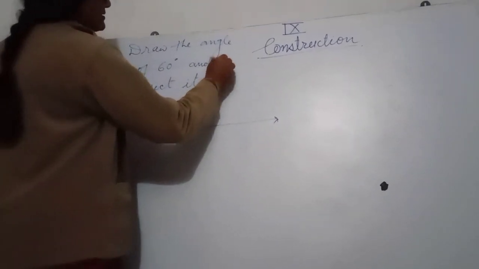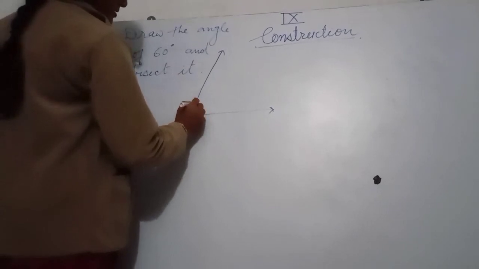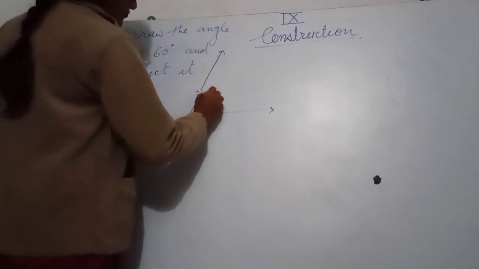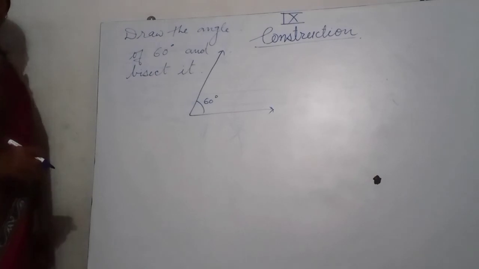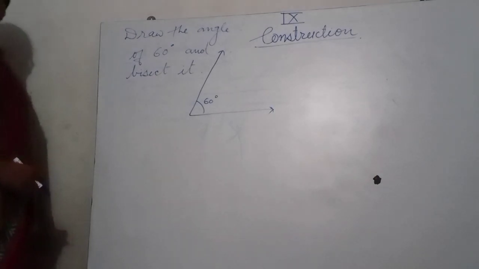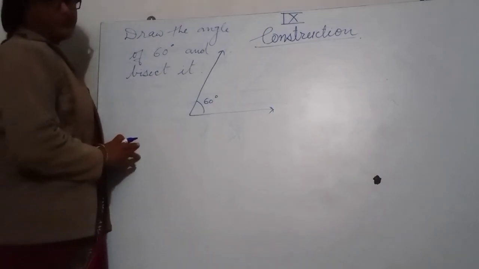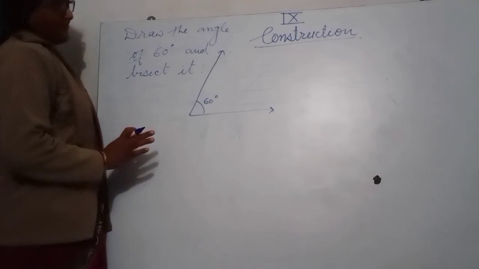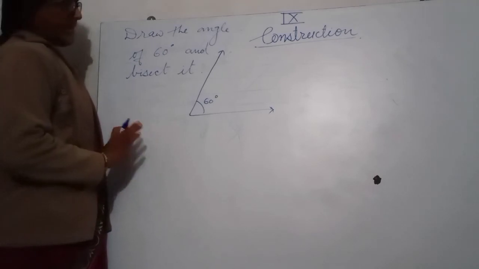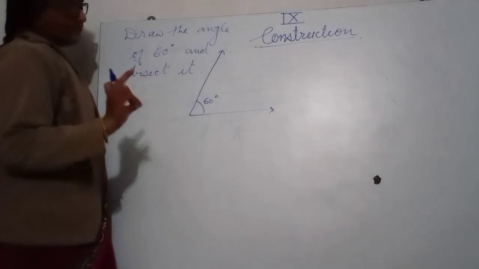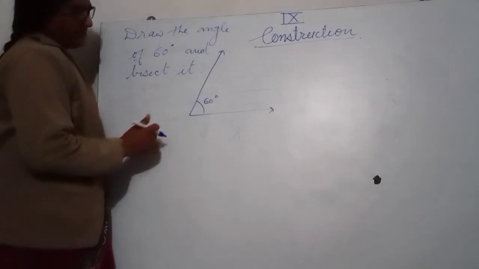I am doing this roughly, but your angle should be of accurate measure. Draw the angle of 60 degree. Okay. Drawn. Do with me. Now, what to do? Again, the same. Take a sufficient distance in a compass.